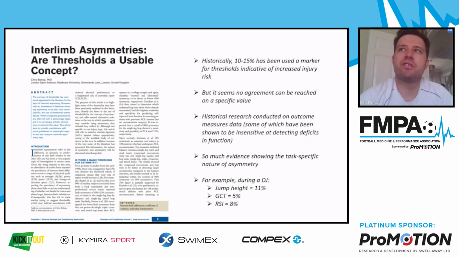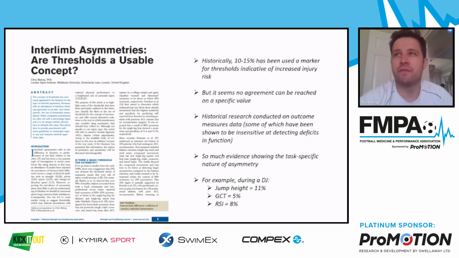But if you dive into that research in a bit more detail, what you end up finding is that a lot of them have made that suggestion just based off citing someone else's work rather than their own specific empirical findings. If you then dive into some of the references that have been used and go back to some of their research in the late 80s and early 90s, actually some have suggested that 15% is a marker for increased injury risk because that's the normative value that's been suggested from a single test across a healthy population of about 1,000 people.